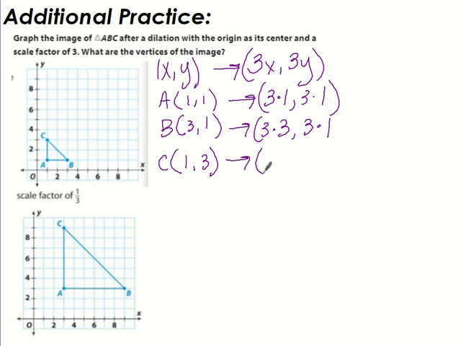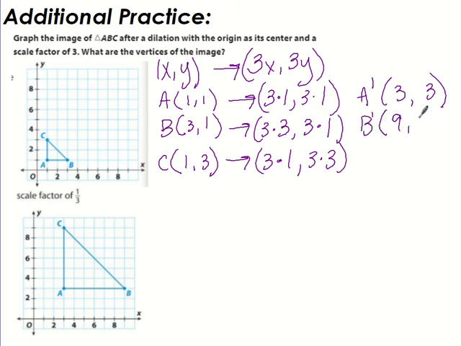Notice the first number is always my scale. 3 times 1, and then 3 times 3. So then A prime is 3, 3. And B prime is now 9, 3. And C prime is now 3, 9.